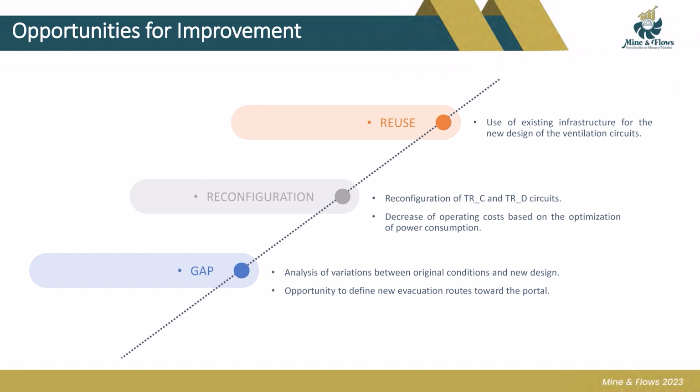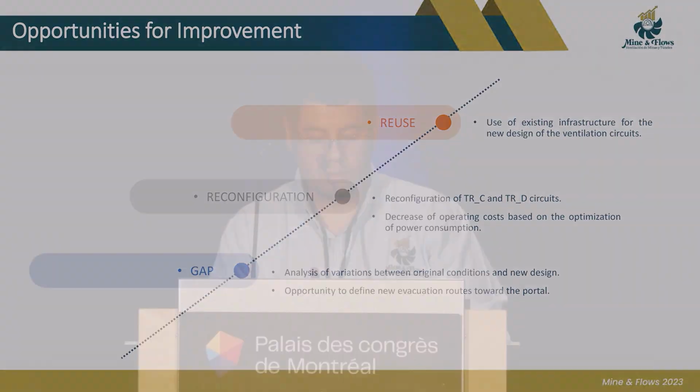Second, reconfigure the ventilation circuit, preventing the saturation of airflow in small areas. And lastly, reuse of the existing infrastructure, complementing the reconfiguration of the airflow circuits to ensure the ventilation coverage and prevent recirculation. In the analysis of each of these components, Ventsim was of the utmost importance to ease the identification and evaluation of the impact of the implemented change.